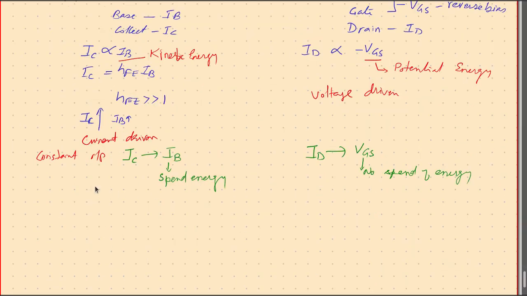So this can be easily explained using an example. Imagine a tap. There is a spring controlled tap, which we commonly see on railway platforms, where if you want water to flow, we need to push this knob.